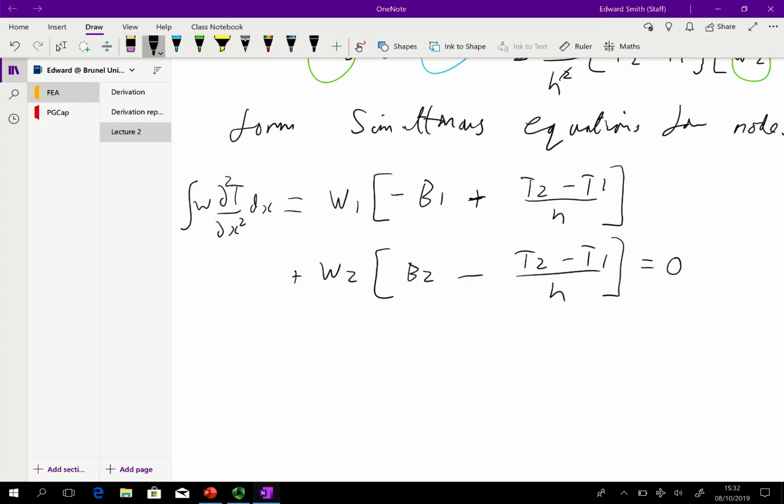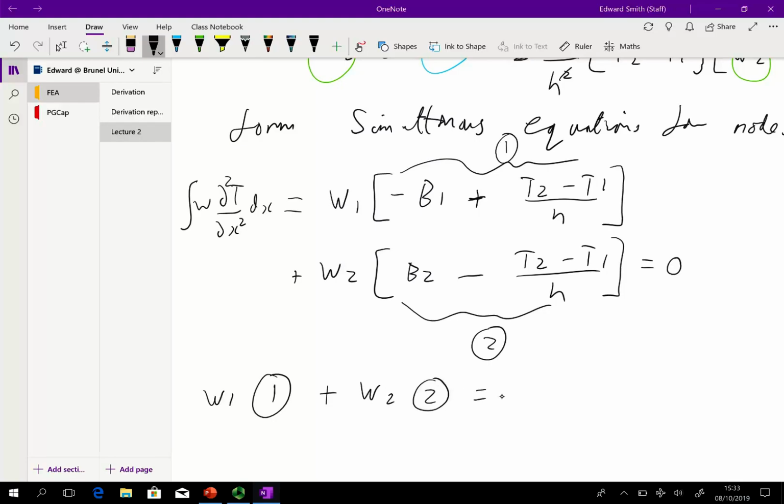So essentially what we need is that term 1 under W1 and term 2 are equal to 0 individually. And provided both of those terms are equal to 0, then the overall expression must be equal to 0. So we're just saying if term 1 times W1 plus W2 times term 2 is equal to 0, one solution is that this is equal to 0 and that is equal to 0.